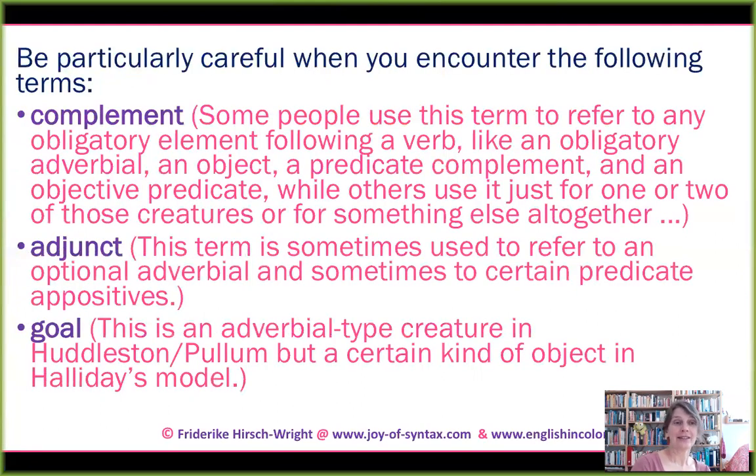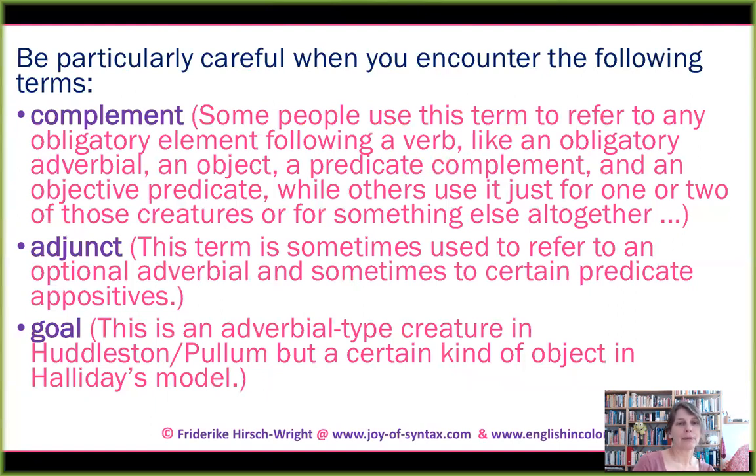Okay, so here is another warning: complement. When you encounter the word complement, it can mean so many things. With some people, this term refers to all obligatory elements in a clause. Well, it's so difficult to settle on one. I had so many terms. Okay, I'll use the traditional terms now. It can be used for the predicate complement, for objects, for both objects, for obligatory adverbials, and for the objective predicate.